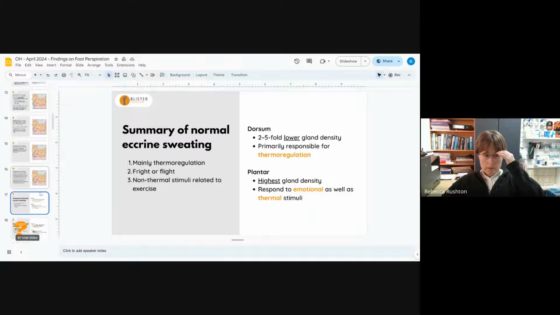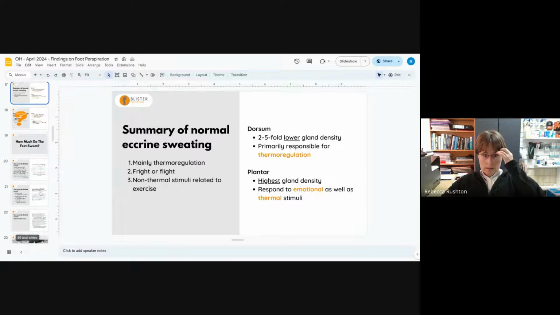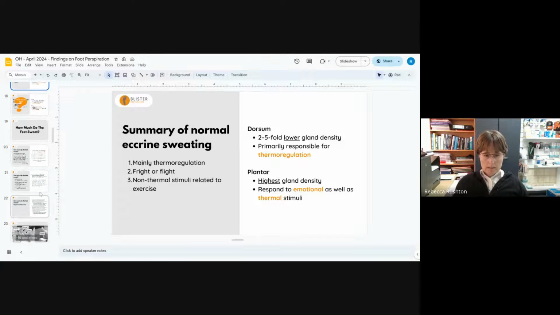So a quick summary so far. Sweating is mainly for thermoregulation, but it's also relevant to the fight or flight mode, and also non-thermal stimuli relating to exercise. So the dorsum of the foot has a much lower gland density than the plantar surface, and it's primarily responsible for thermoregulation.